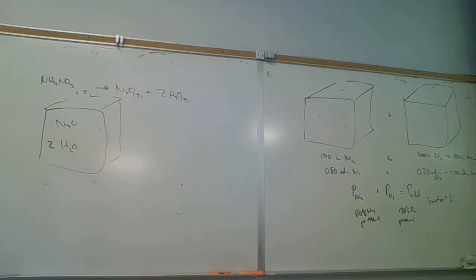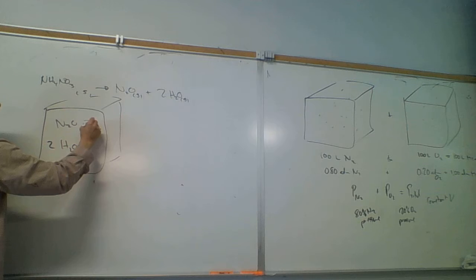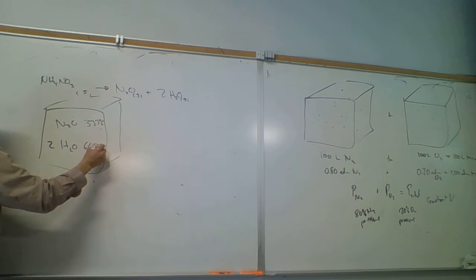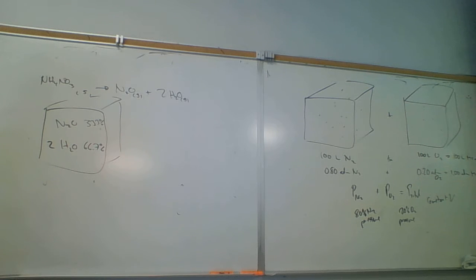If the chemical equations were mass ratios, it'd be a nightmare. All right, so I have 3 moles total. And so in other words, I have 33.3% nitrous oxide, 66.7% water by mole.